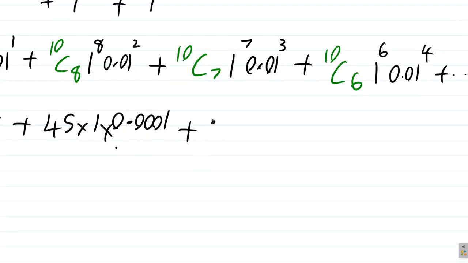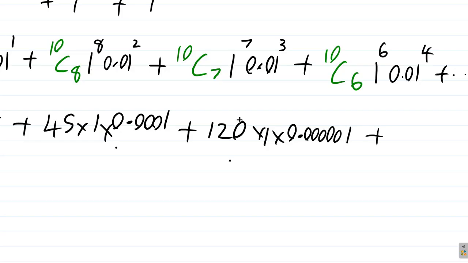Plus, we go one more, 10C7. We have 10 shift NCR 7 equal 120, so that's 120 times 1 to the 7, which is 1 times 0.01 to the power of 3, which turns out to be 0.000001, 5 zeros and then 1.